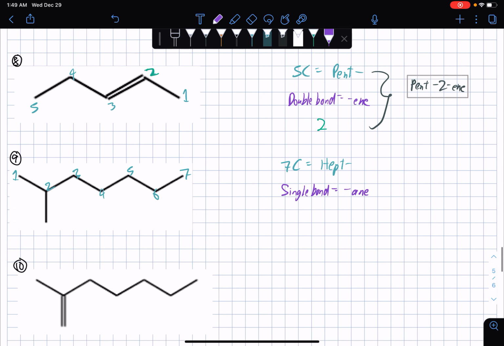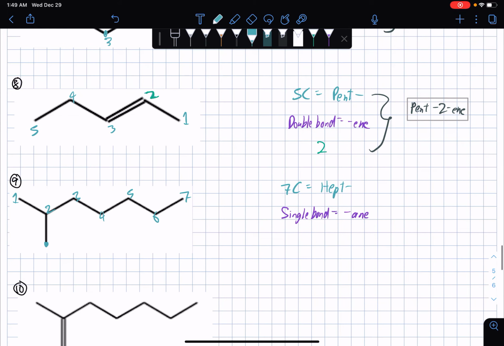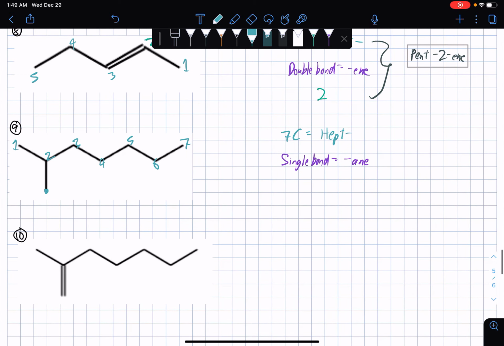Right now, we have the substituent, which has 1 carbon. As we've learned in the previous video, methyl is just 1 carbon. Ethyl has 2 carbons in the substituent. Propyl has 3 carbons. So the substituent can be in these 3 forms so far.